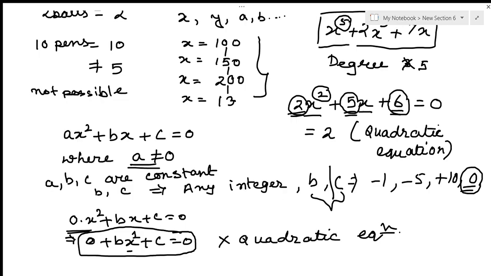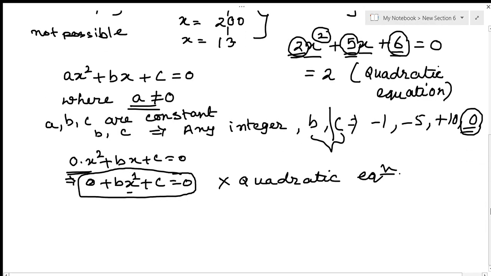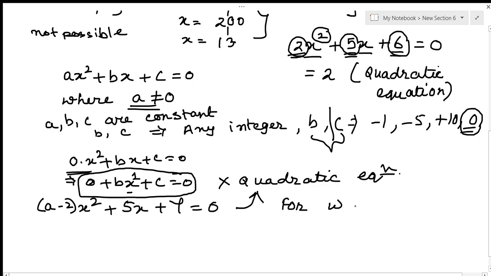Let us solve an example. If the question is given: for which value of a is (a minus 2) into x square plus 5x plus 7 equals to 0 not a quadratic equation? For which value of a?